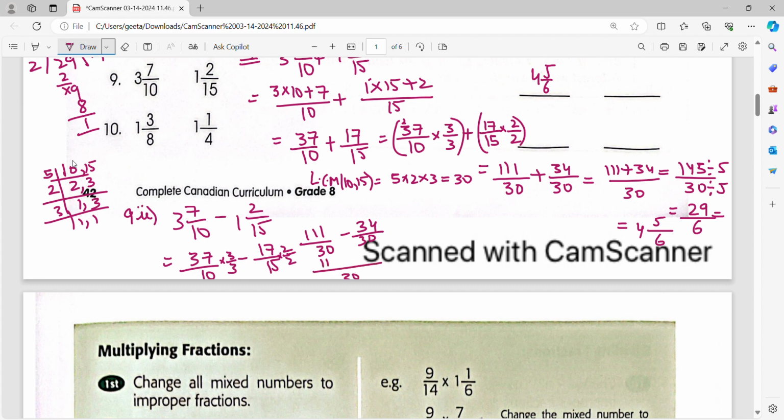Take the LCM, it's 111 minus 34. So only one thing I have to do, I have to subtract this 34 from 111. It's 77 over 30.